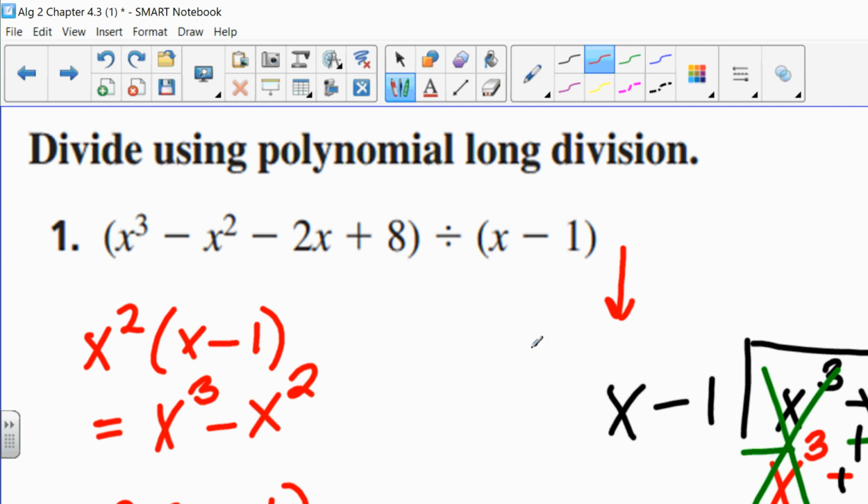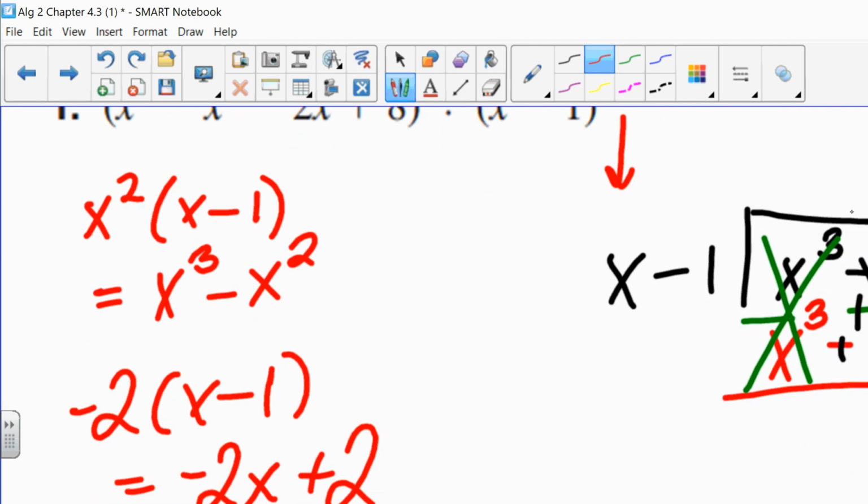So we'd have negative 2x plus 2. And then we would, well, what is negative 2x minus 2x? 0. 8 minus 2 is 6. And 6 here would be our remainder.